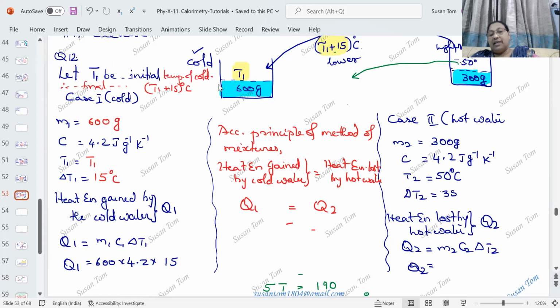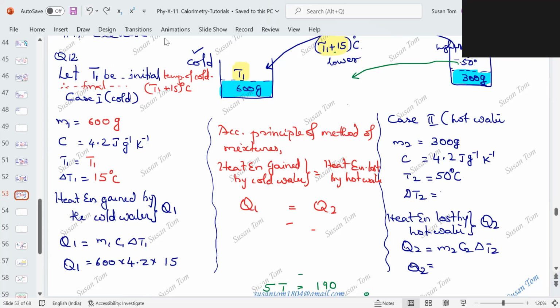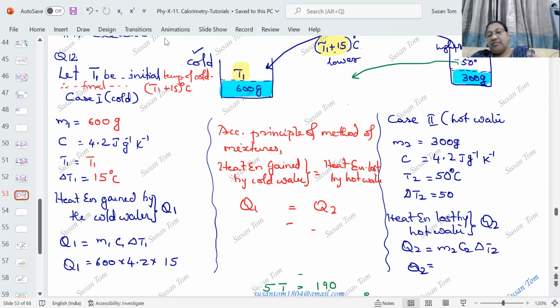35 minus T1. I'll write it again. 50 minus T1 plus 15, which is equal to, I'm getting 35 minus T1.